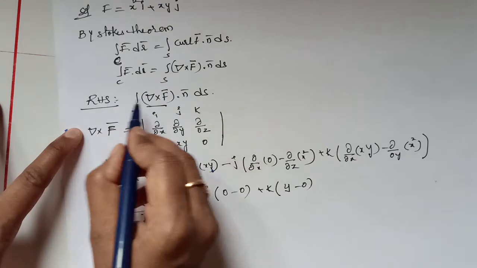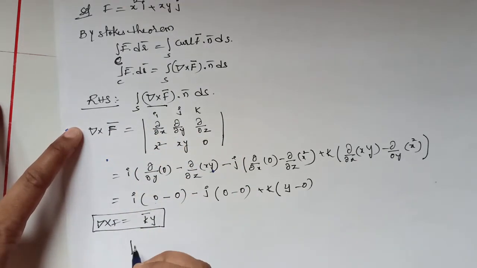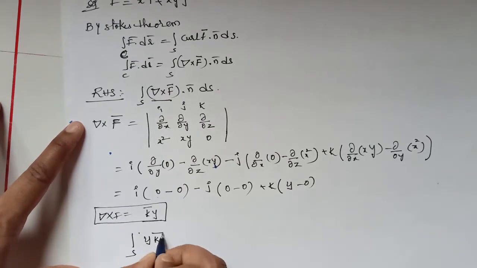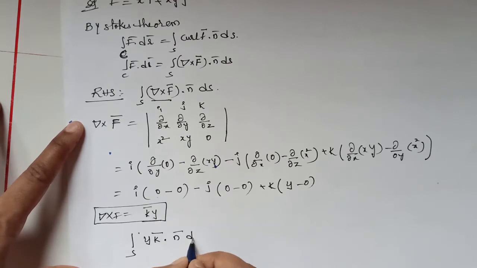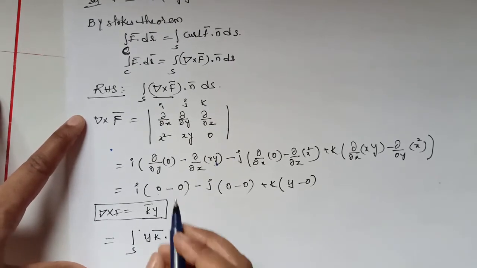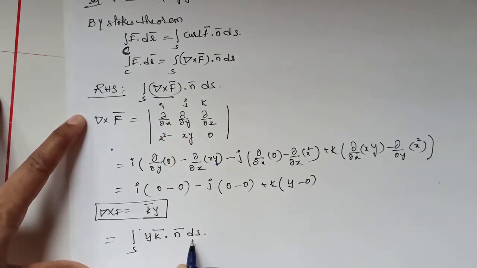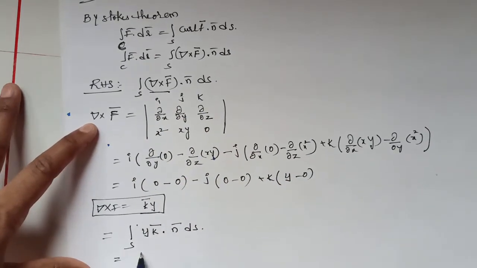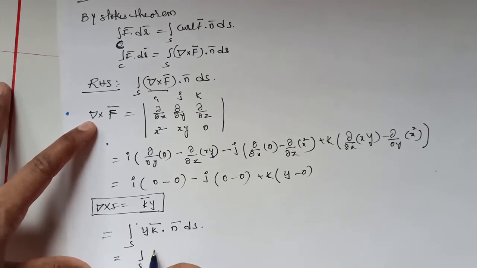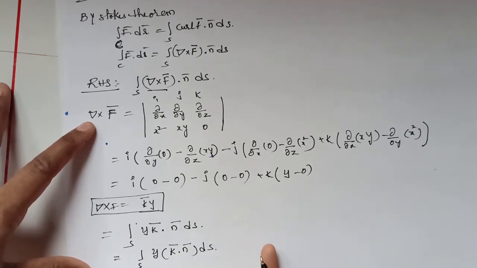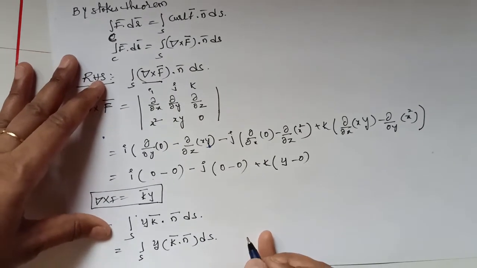Therefore, on the RHS we have the surface integral of del cross f, which is y k bar, dot n bar ds. After substituting the del cross f bar value, we got this. Now this is equal to the integral over S of y k bar dot n bar ds. Here, what is n bar?